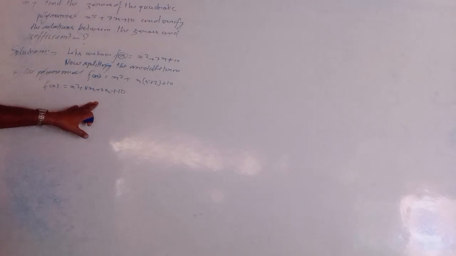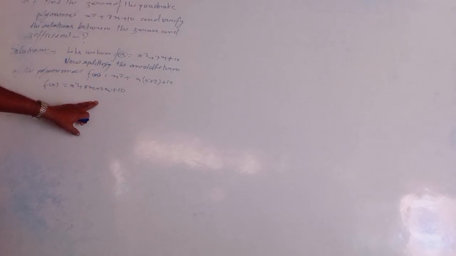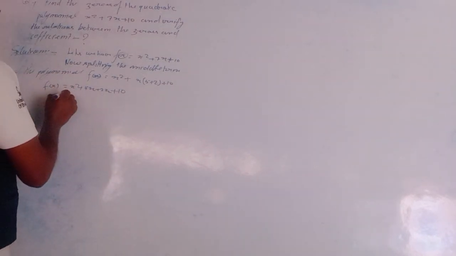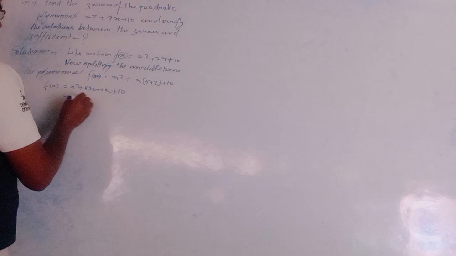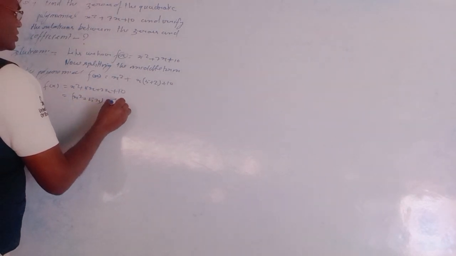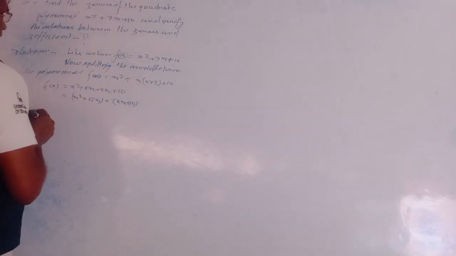Got it? We can write it in two parts. Here are the two groups: x square plus 5x in one bracket, and 2x plus 10 in the second bracket.